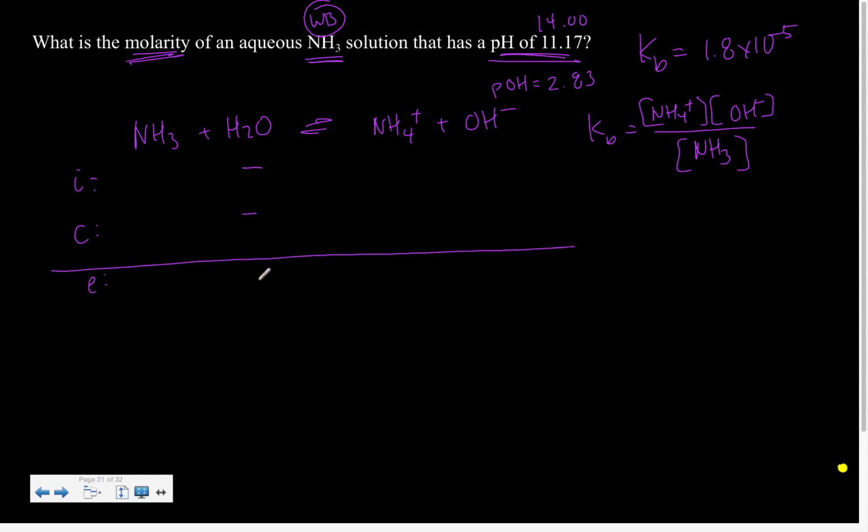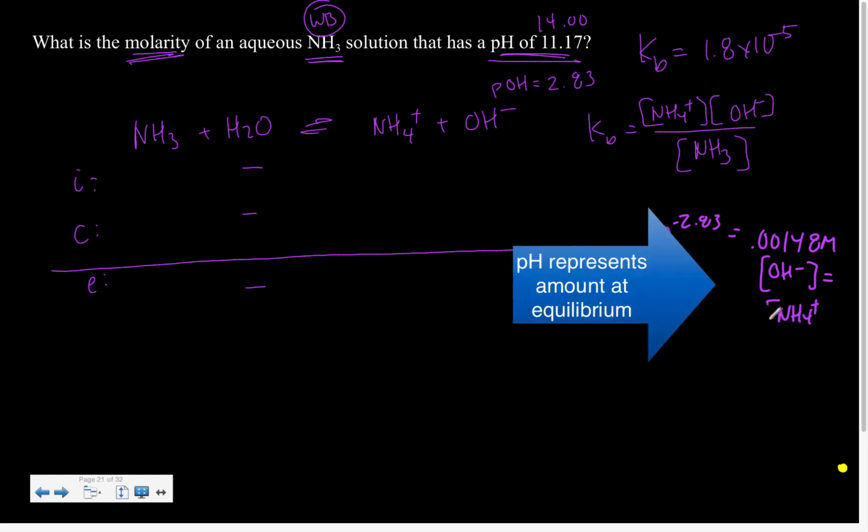We know that the pOH is 2.83, which means that we can turn that into a concentration by doing 10 to the negative 2.83, which is going to give us 0.00148 molar as our hydroxide ion concentration, which we know is also equal to my ammonium ion concentration.